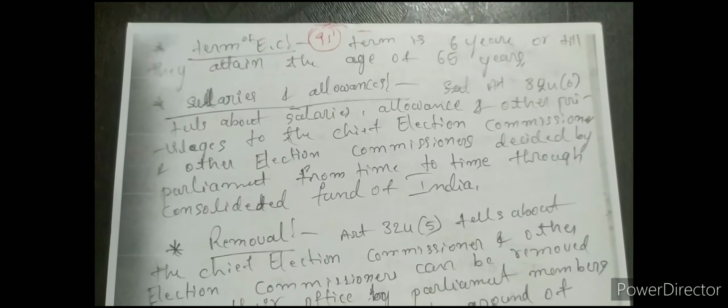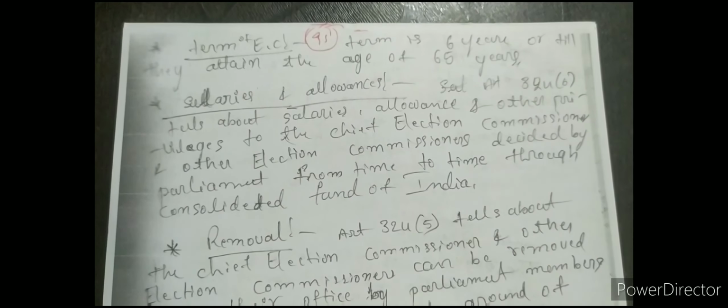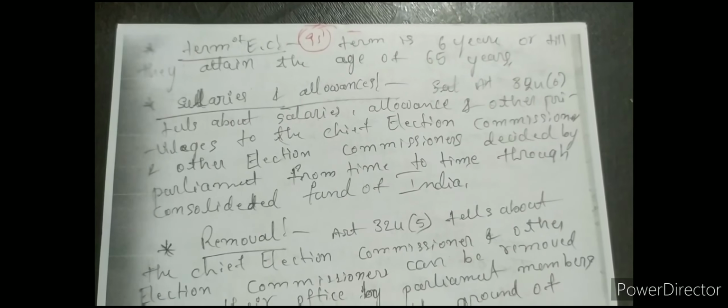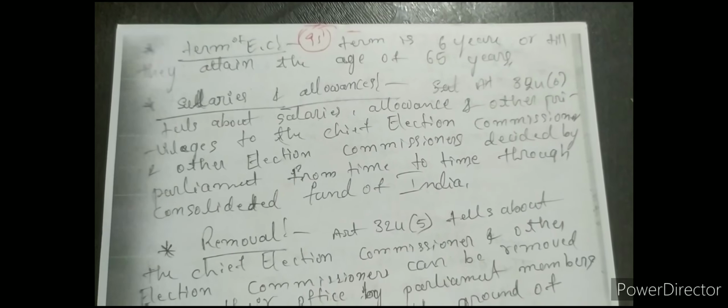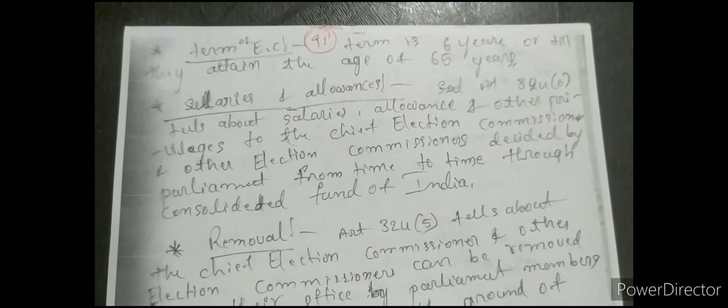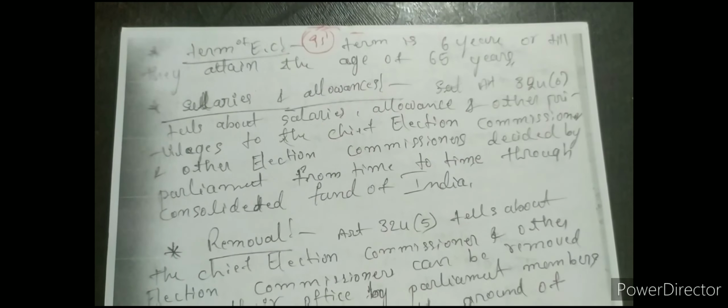Next, we will know about the term of the Election Commission. The term is 6 years or till they attain the age of 65 years.